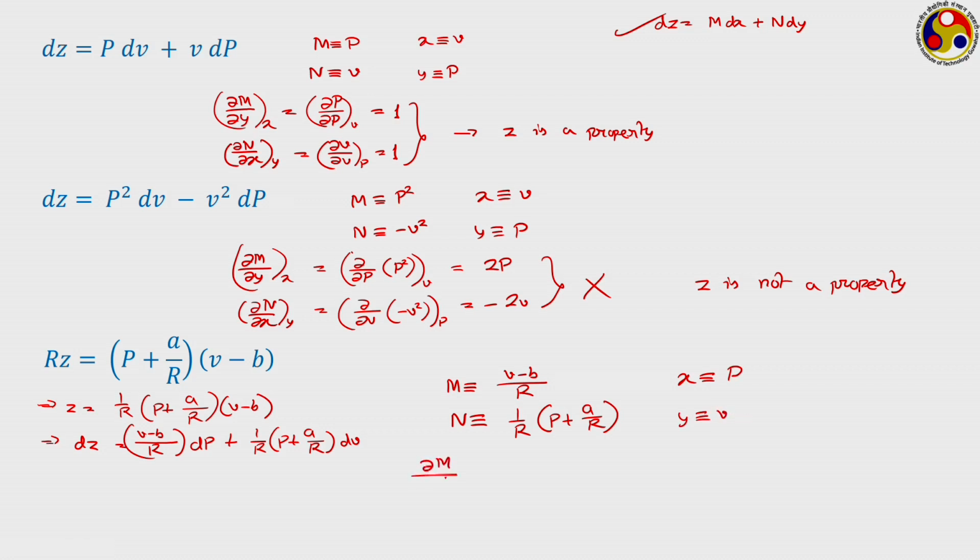So, if you calculate dou M dou Y maintaining X constant, then what will that be? Your Y is V, so it will become 1 by R. Similarly, if you calculate dou N dou X keeping Y constant, your X is P, so if you differentiate N with respect to P, then again you are going to get 1 upon R. So these two are equal, that means here Z is a property.